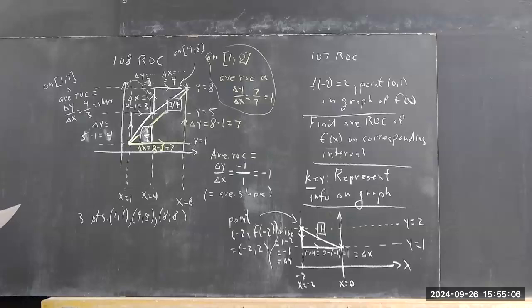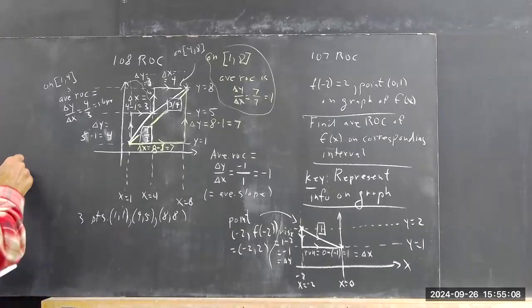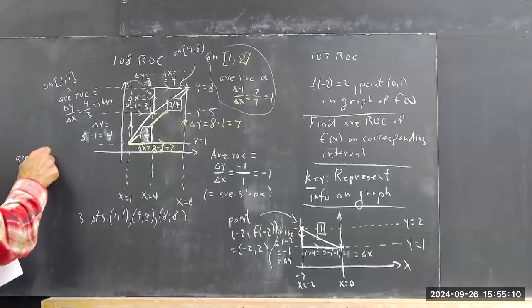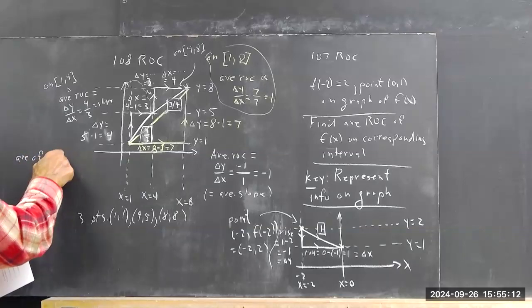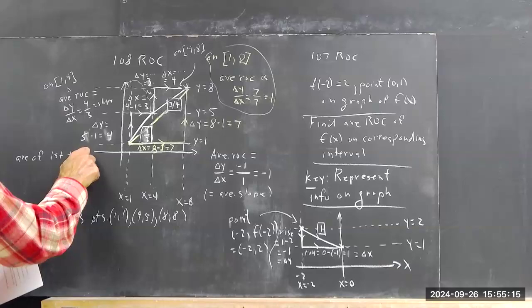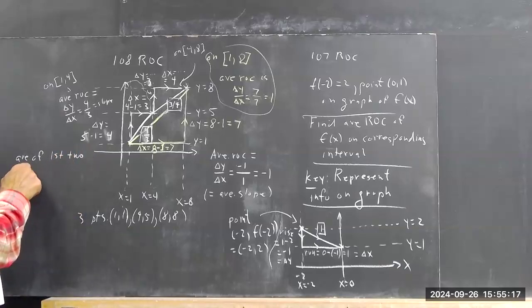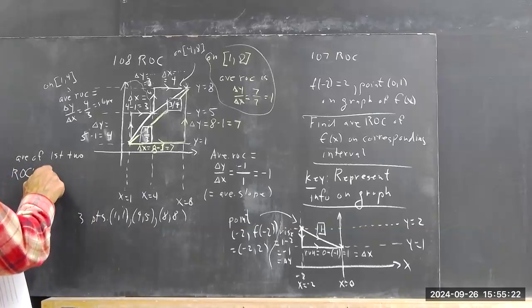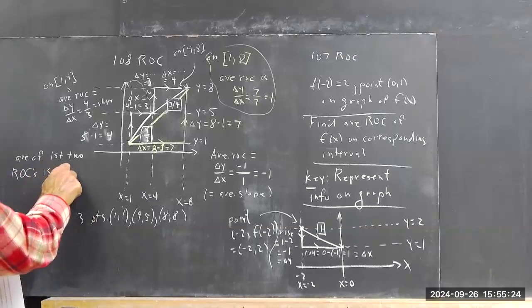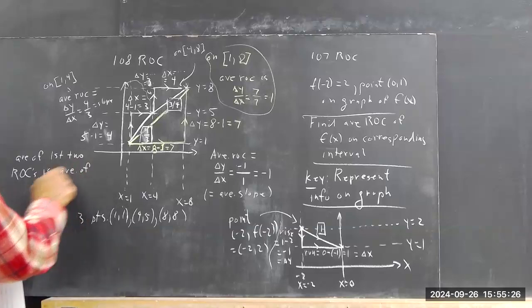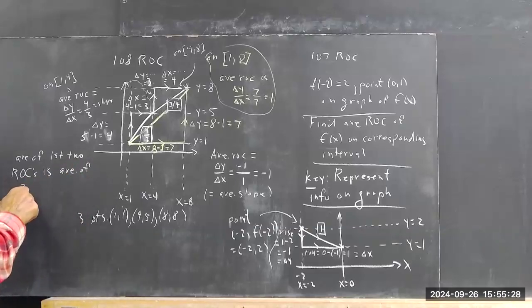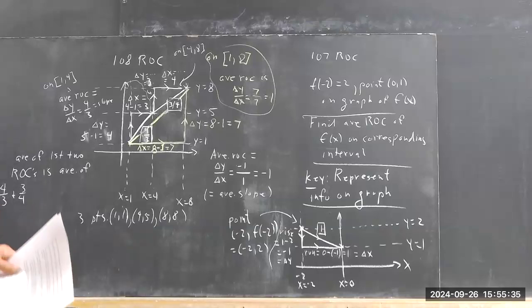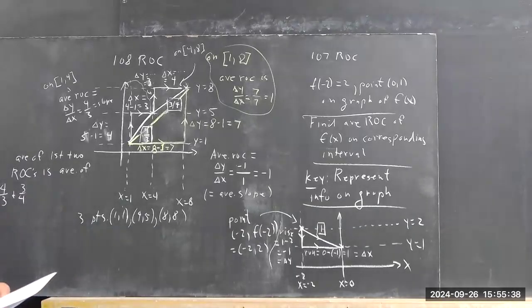So the average of the first two rates of change is the average of four-thirds and three-fourths.